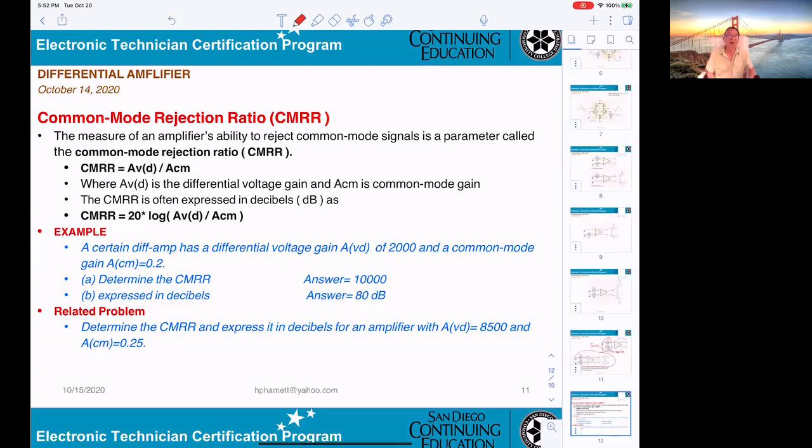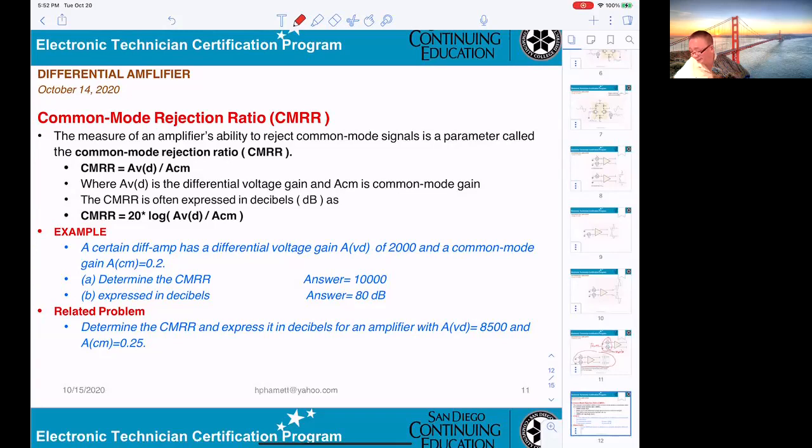So the definition of the CMRR is the differential voltage gain divided by the common mode voltage gain, where AVD is the differential voltage gain and ACM is the common mode gain.